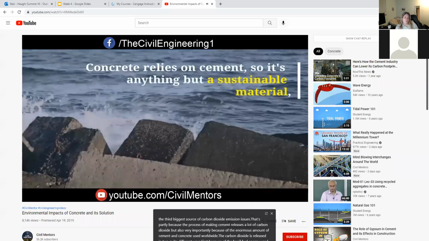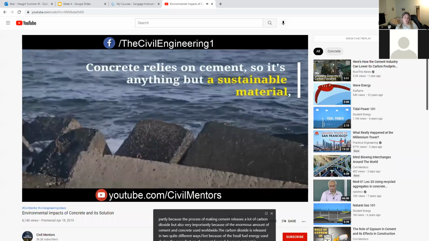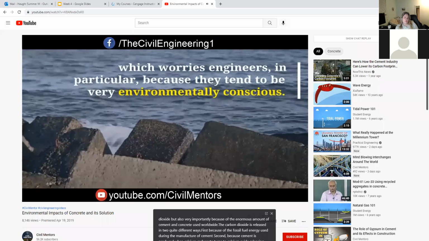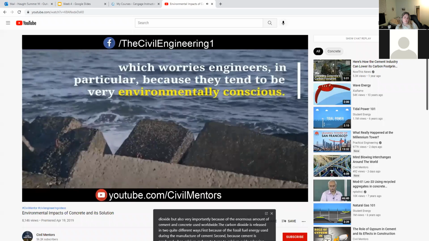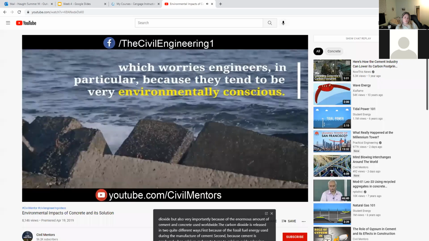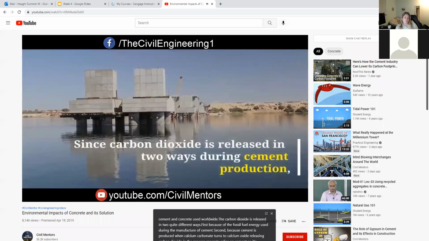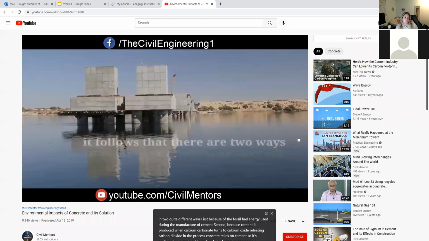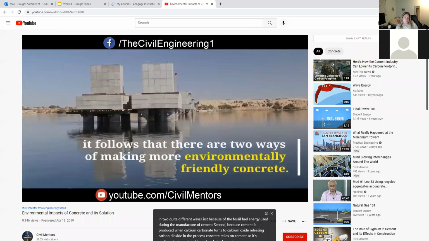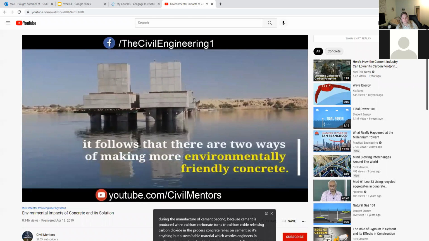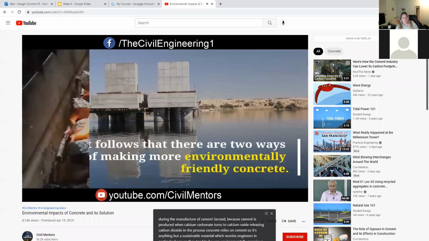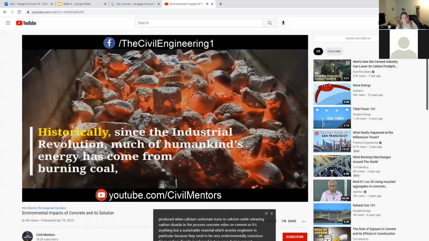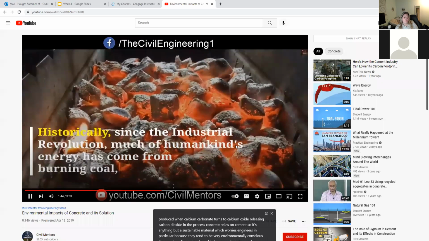Concrete relies on cement, so it's anything but a sustainable material, which worries engineers in particular because they tend to be very environmentally conscious. Since carbon dioxide is released in two ways during cement production, it follows that there are two ways of making more environmentally friendly concrete. Historically, since the Industrial Revolution, much of humankind's energy has come from burning coal.